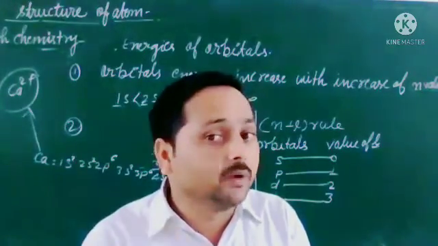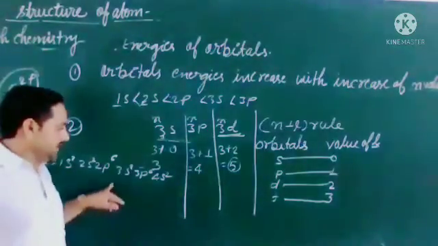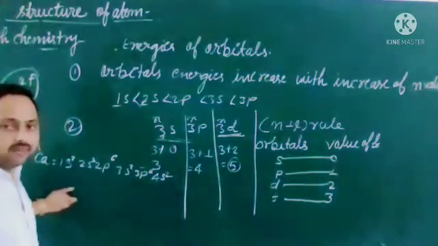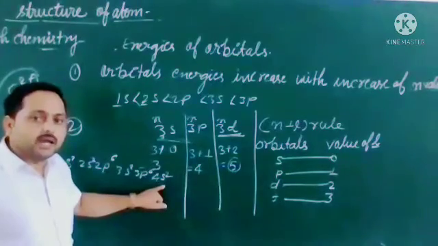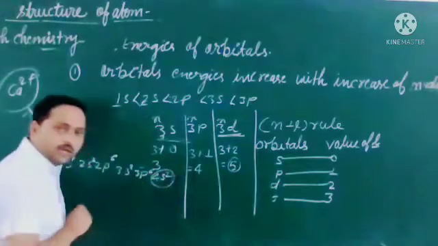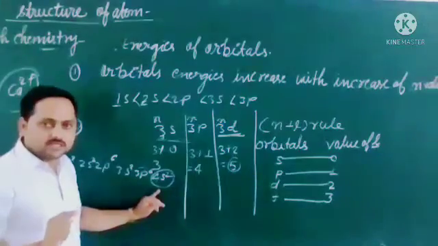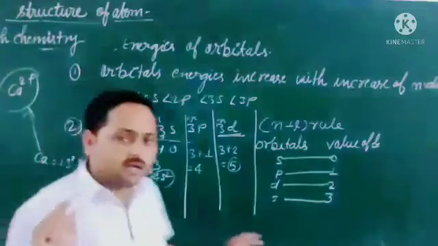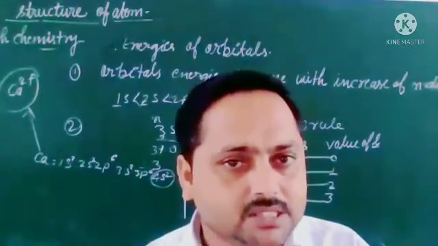Which one has the higher value of n? 4s has the higher value of n. So the electrons will be removed from 4s2. Got it? All of you got it? Anybody has doubt about how to remove electrons from the orbitals?